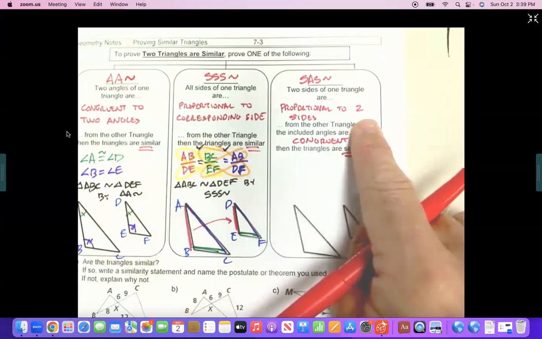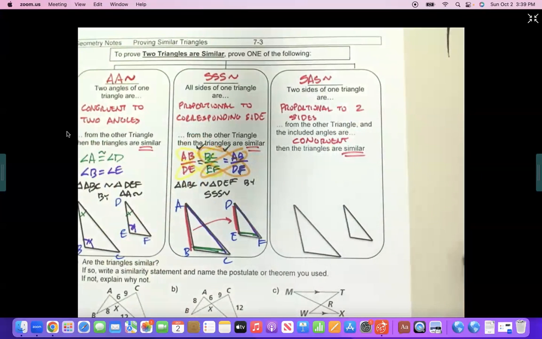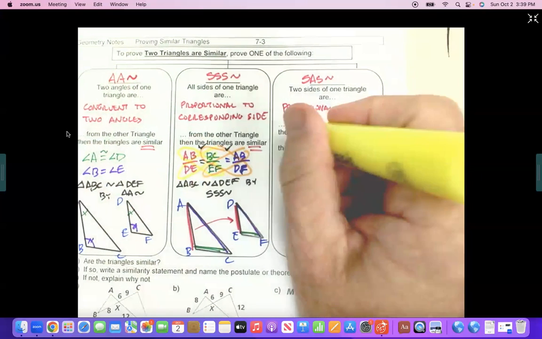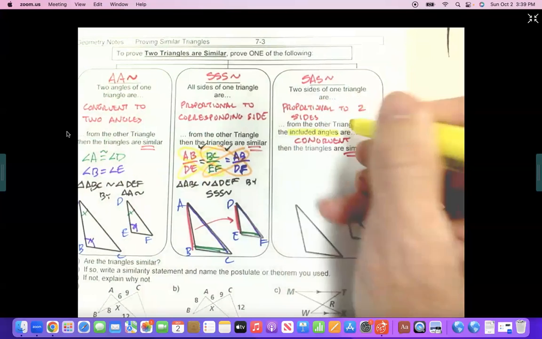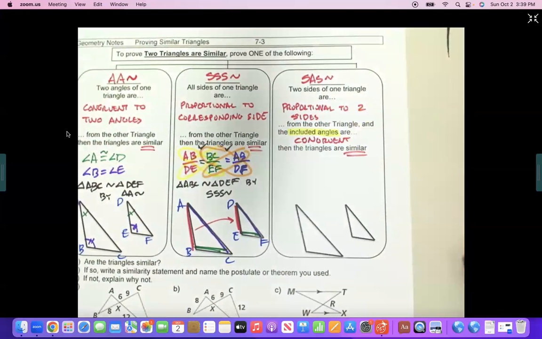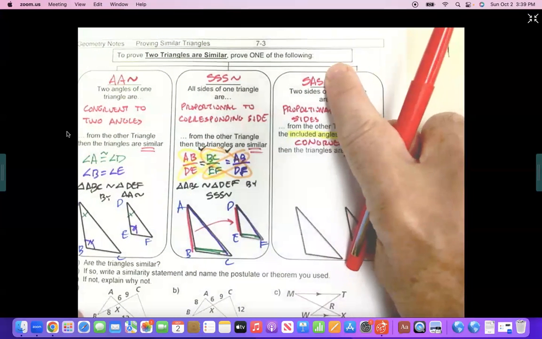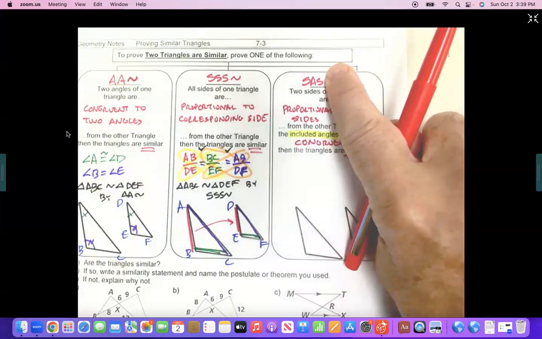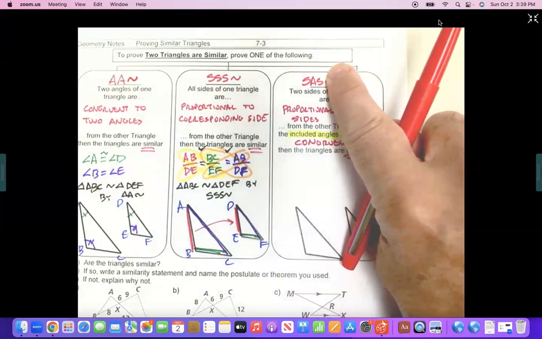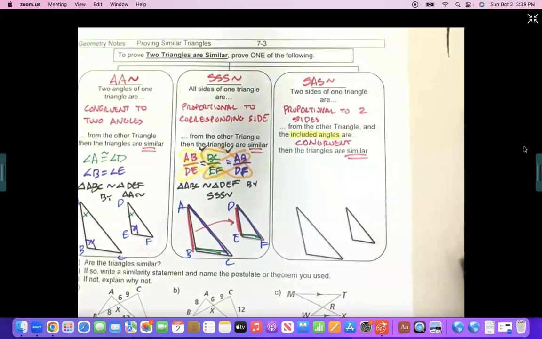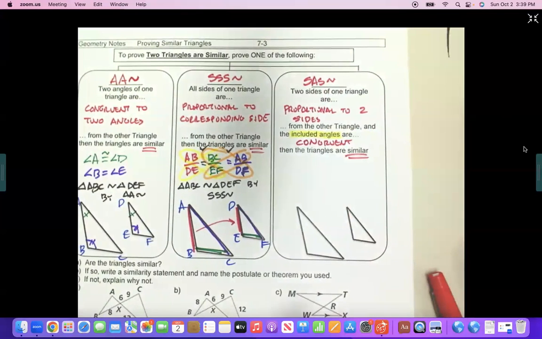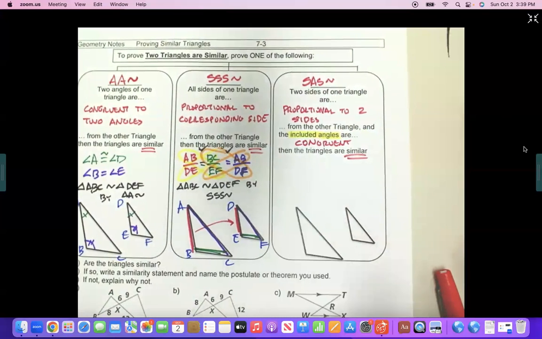Okay. And I want to emphasize to you that this is not any angle, it has to be the included angle. The same idea that we had when we were looking at the side-angle-side congruence, that we had to make sure that we were talking about the angle that was in between. Let's take a look then at how this one will work. It's going to look something like this.